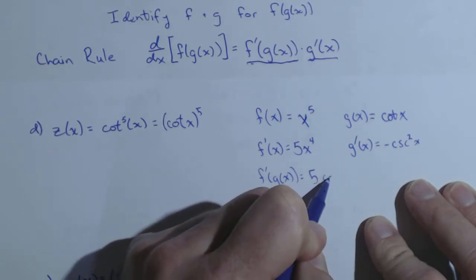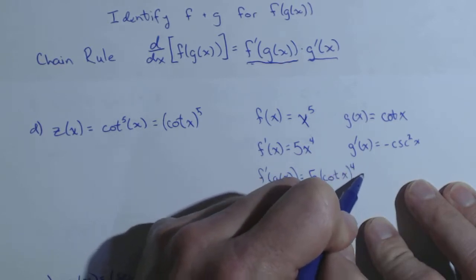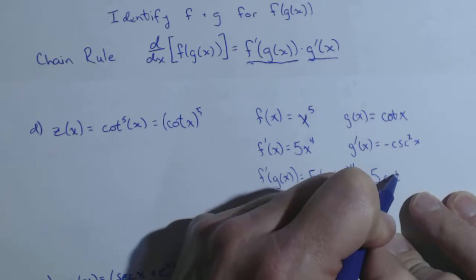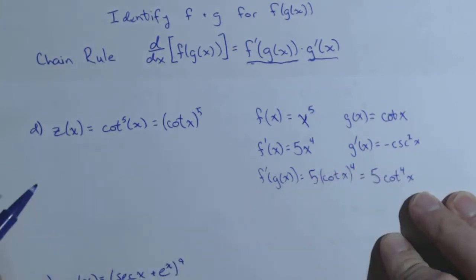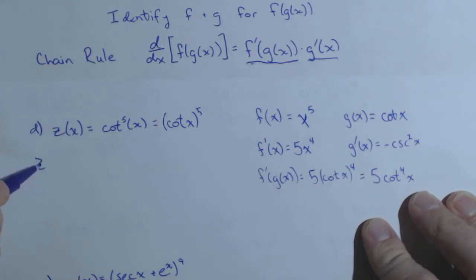So 5 times the cotangent of x to the fourth, or writing it the way we had written it earlier, 5 cotangent to the fourth of x. Now we can multiply to get our chain rule.